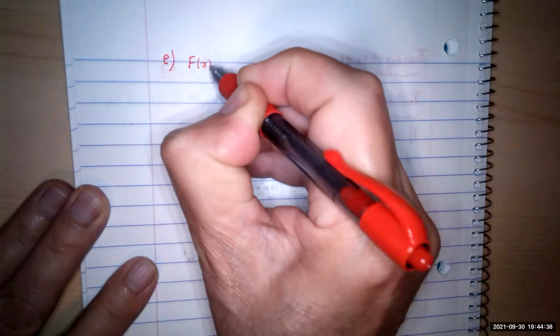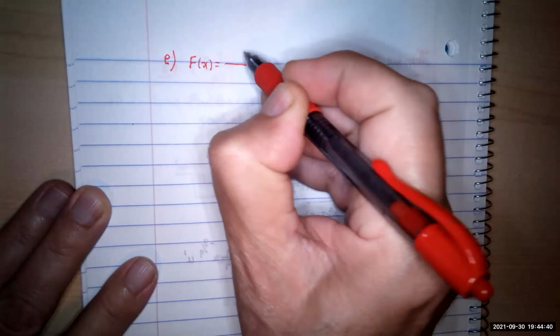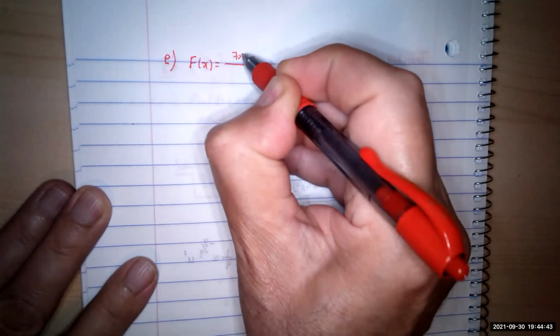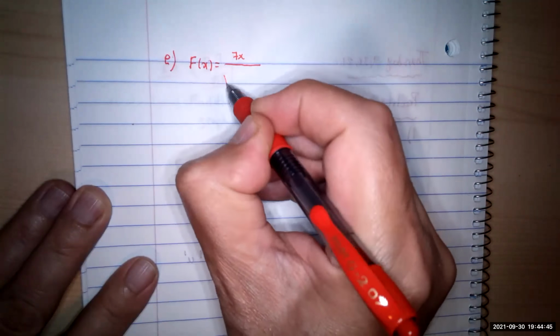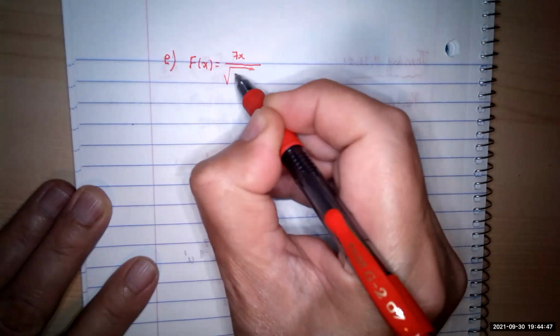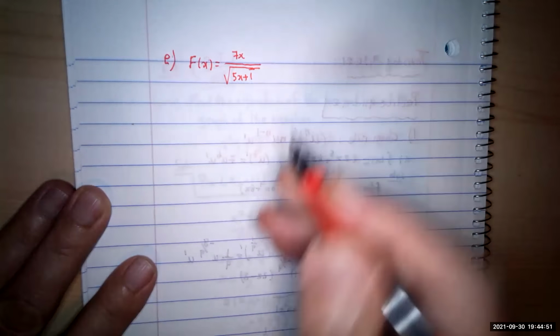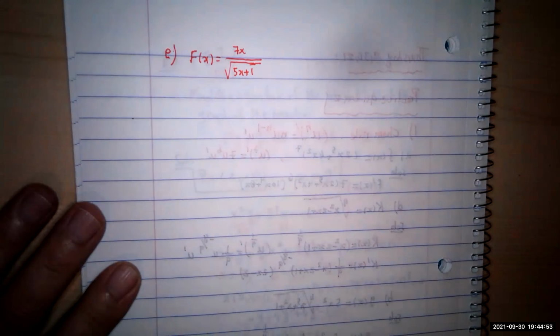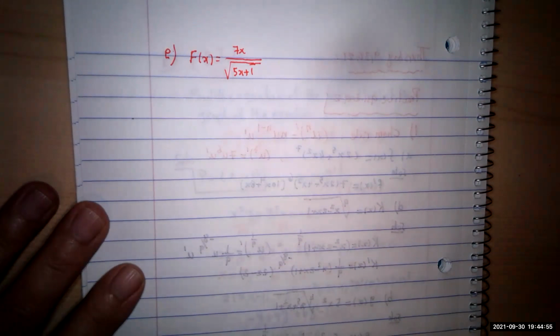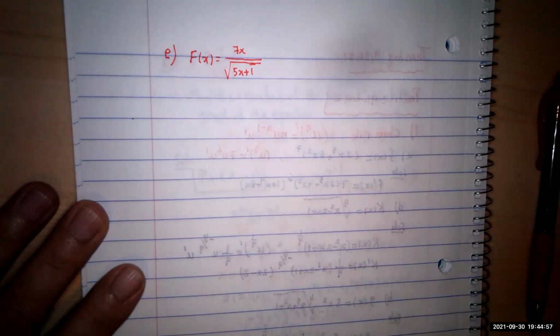So your function is f of x equal to 7x over the square root of 5x plus 1. Again, you know that you have to change the radical and change the fraction to be able to do this problem. So you have to rewrite it.